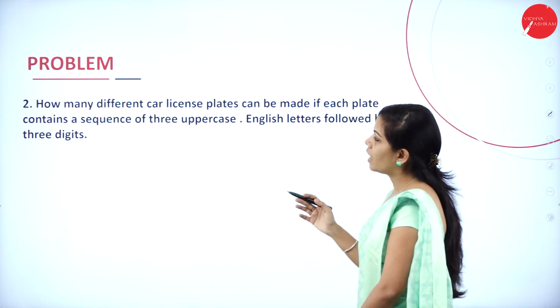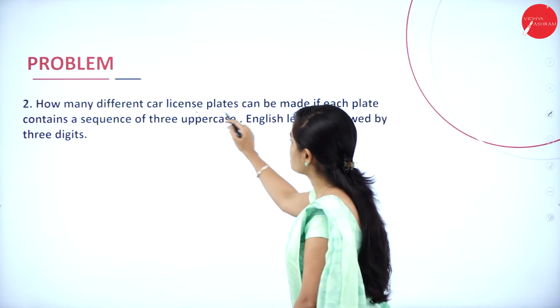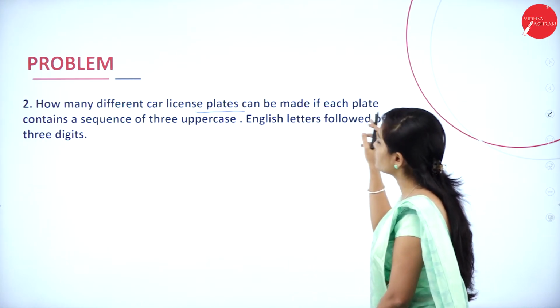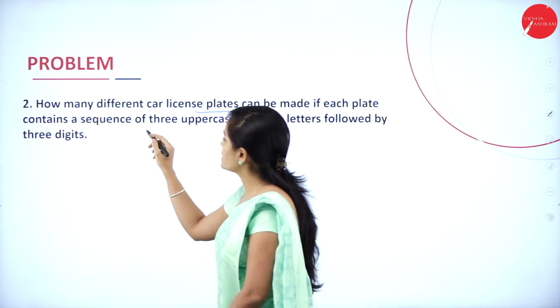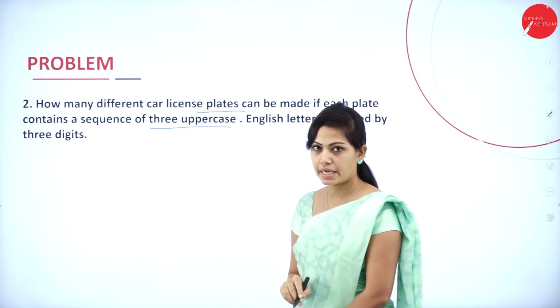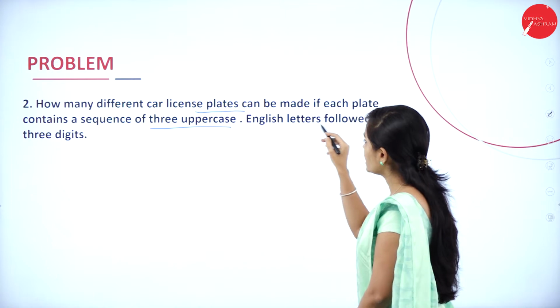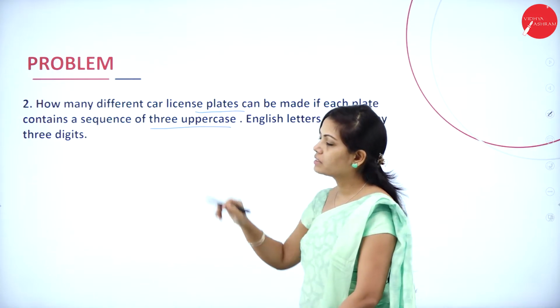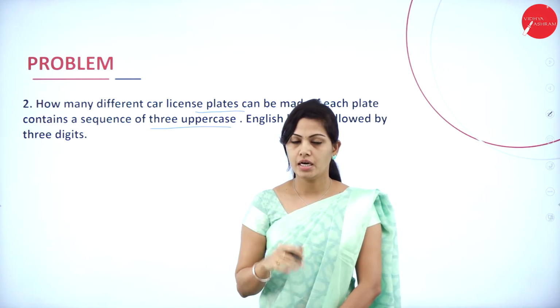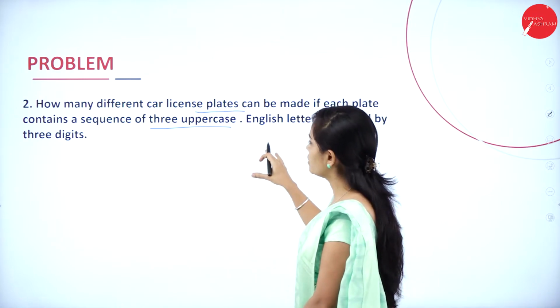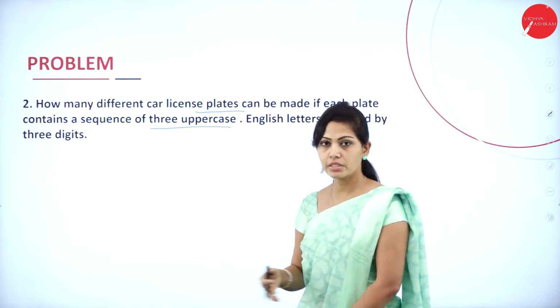Next problem. How many different car license plates can be made if each plate contains a sequence of 3 uppercase English letters followed by 3 digits? So listen carefully. Here they have not mentioned any numbers.